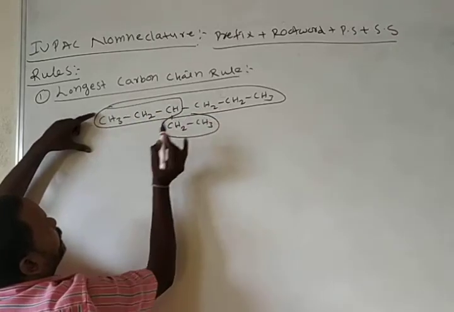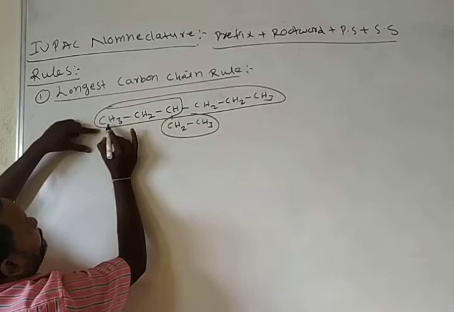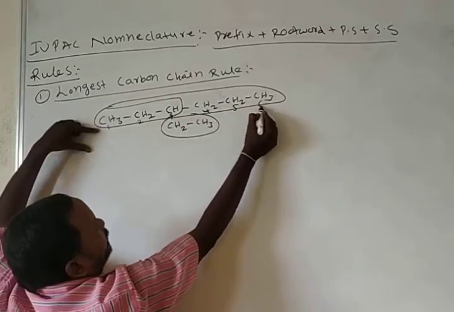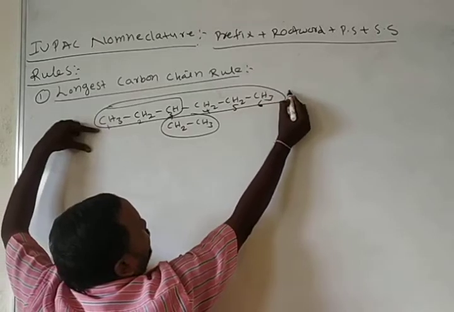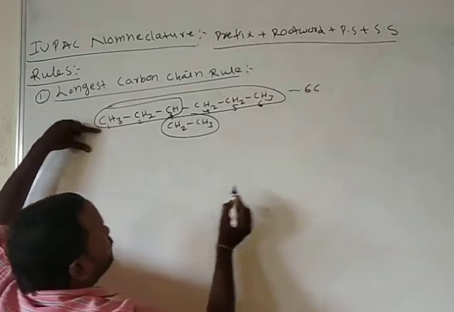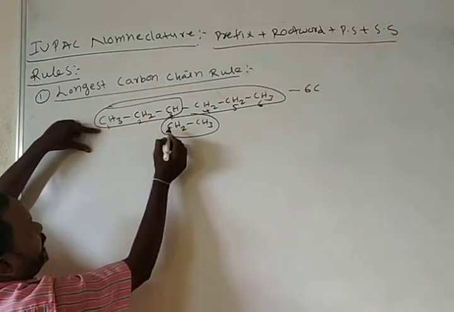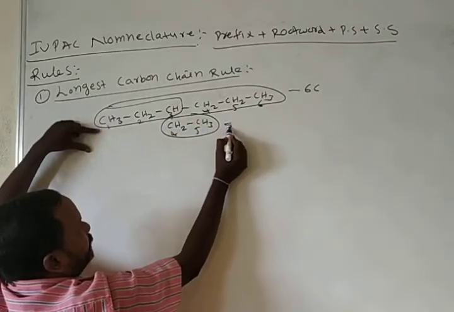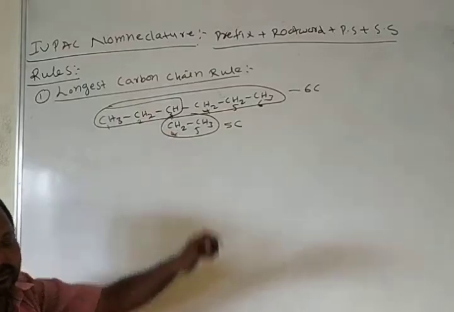This straight chain contains 1, 2, 3, 4, 5, 6, so 6 carbon atoms. This other chain contains 1, 2, 3, 4, 5, so 5 carbon atoms.